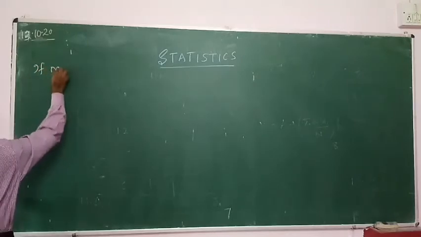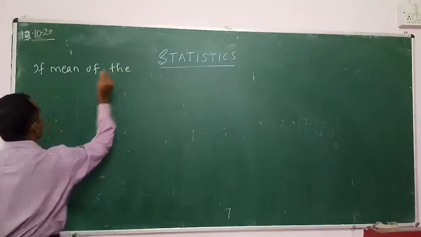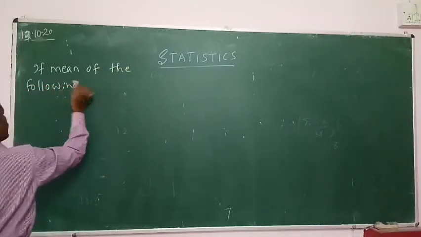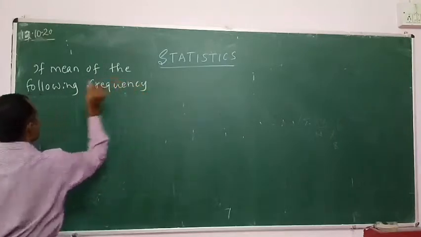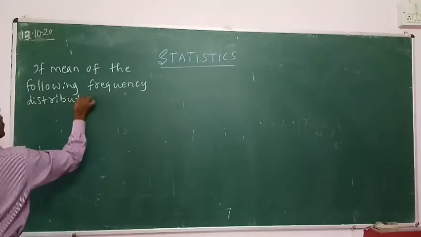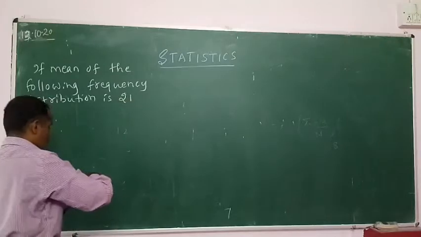If the mean of the following frequency distribution is 21, find the missing frequency.